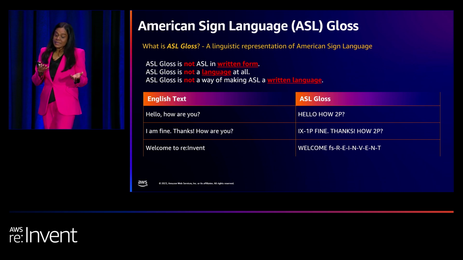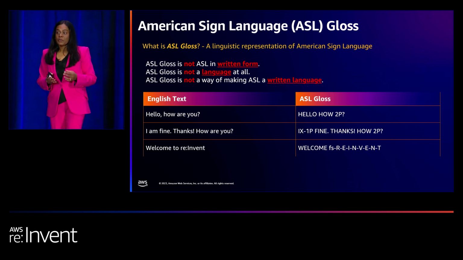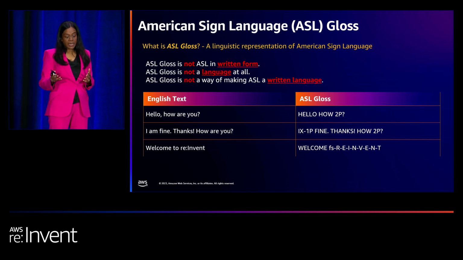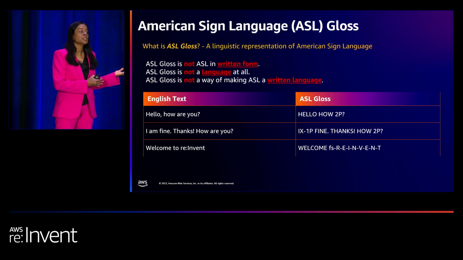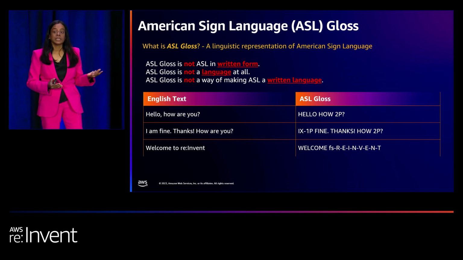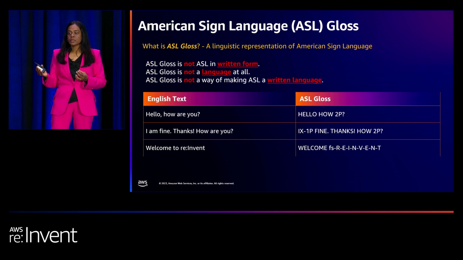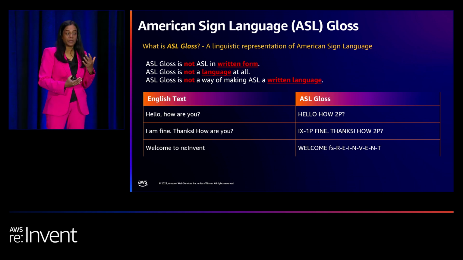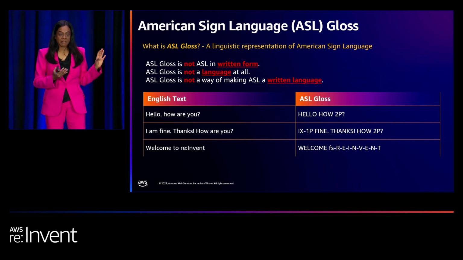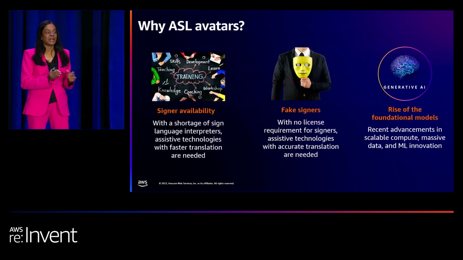This occurs in instances where ASL is more efficient than English, where ASL can say in one sign what it takes 2 or more English words to convey. The other thing you may notice is the word reinvent is finger-spelled. In ASL, when a word needs to be finger-spelled, it's indicated with the prefix FS, and every finger-spelled letter will be separated by a hyphen.